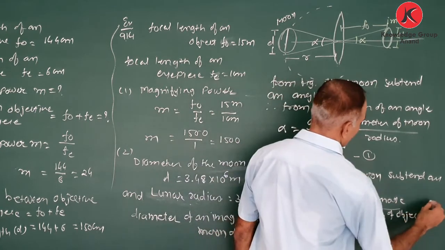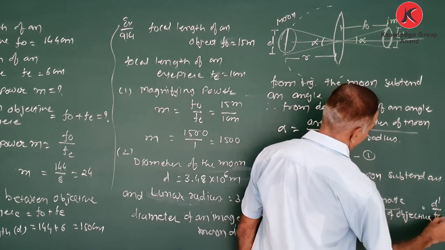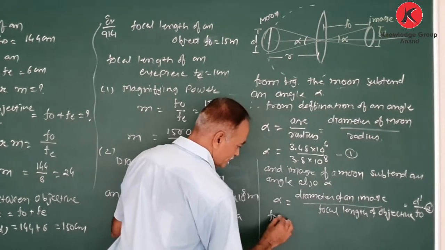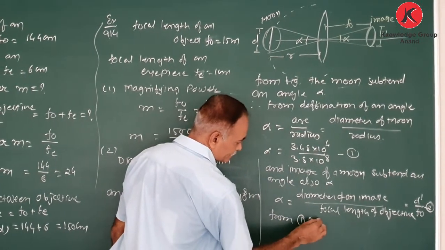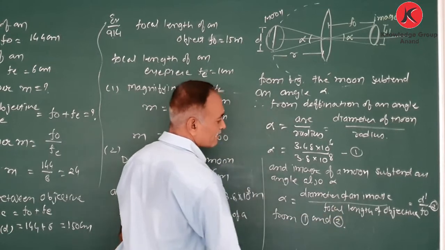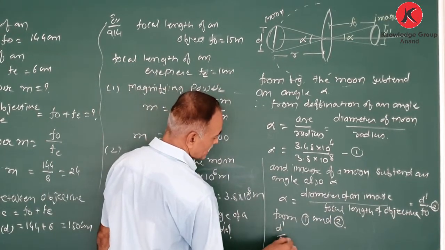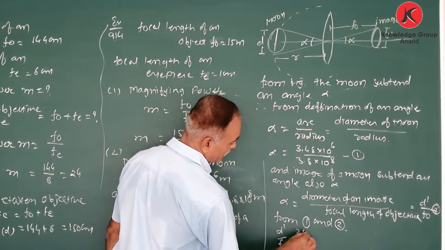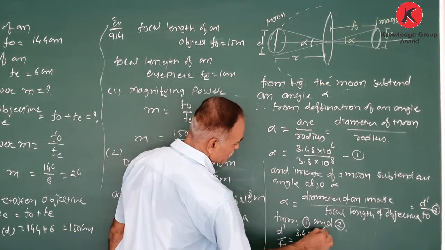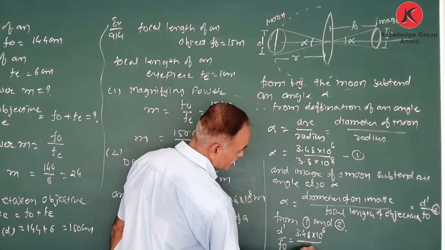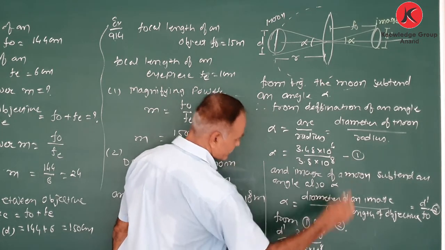So alpha is equal to d dash upon FO. Equation 2. From equation 1 and 2, d dash upon FO is equal to 3.48 into 10 to the power 6 upon 3.8 into 10 to the power 8.